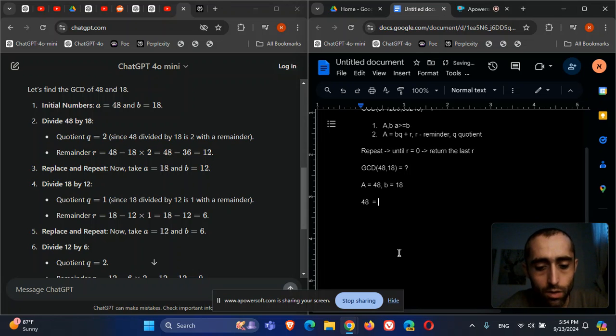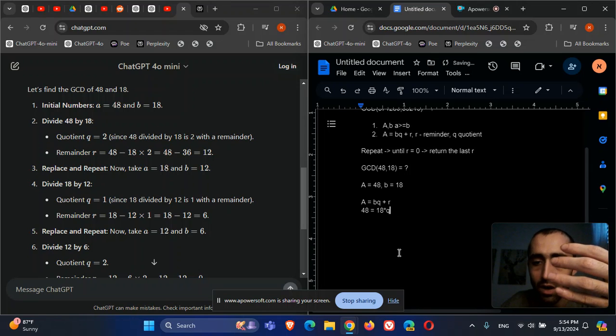So the first time, remember, a equals b times q plus r. So 48 equals 18 times something plus a remainder.